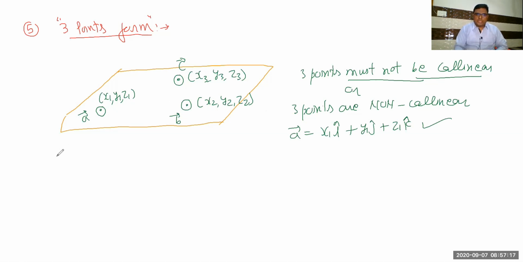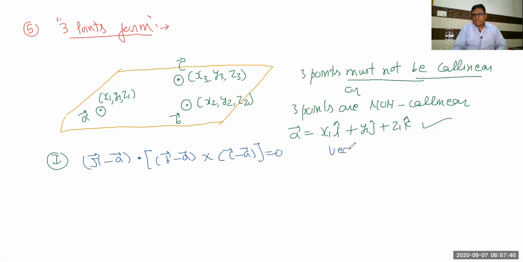Let us come to the main thing: what are the formulas in this situation. (r vector - a vector) dot (b - a) cross (c - a) = 0. This is the vector type formula in which you will have to put the values of a vector, b vector and c vector, and r vector will be kept the same.